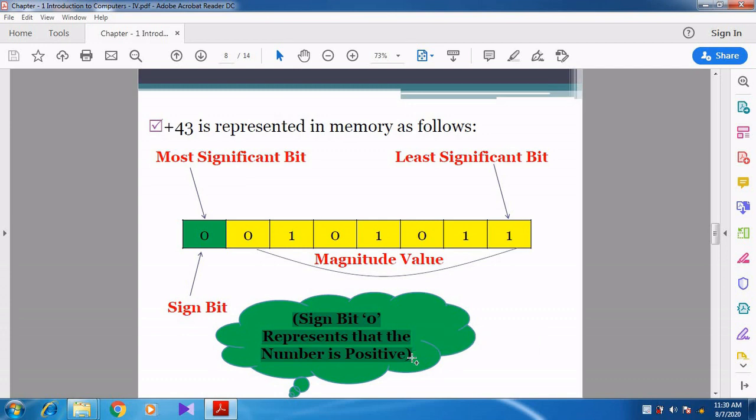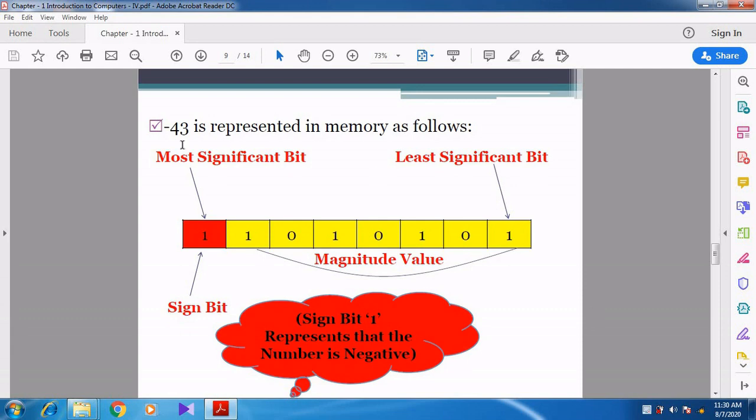But if the same number is represented as minus 43, this is how it is represented in the memory. See here, the rightmost bit is called the least significant bit, whereas the leftmost bit is called the most significant bit.